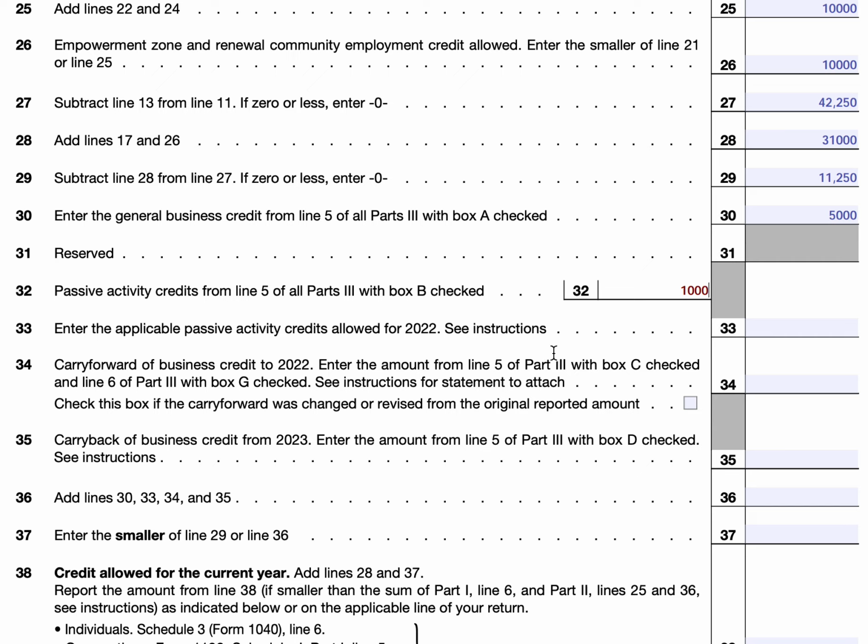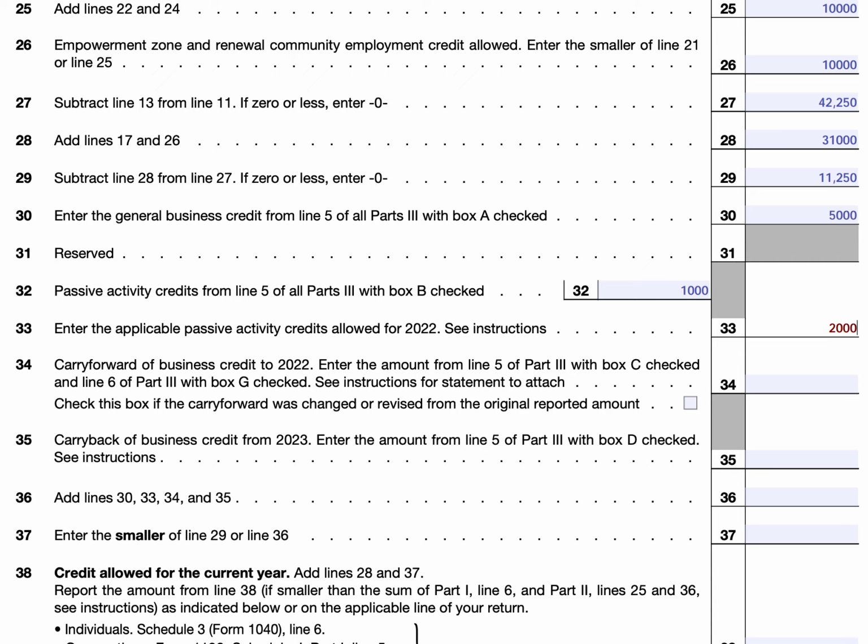So this amount that's allowed on line 33 only applies to the general business credits from line 32, plus any prior year unallowed passive activity credit from general business credits that were reported on line 4. So it's at least this plus anything that was from a prior year that had to be carried forward to this year. So let's just say there was another $1,000 of unused credit that we need to carry forward.